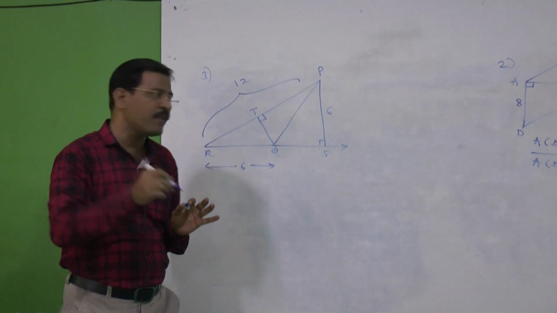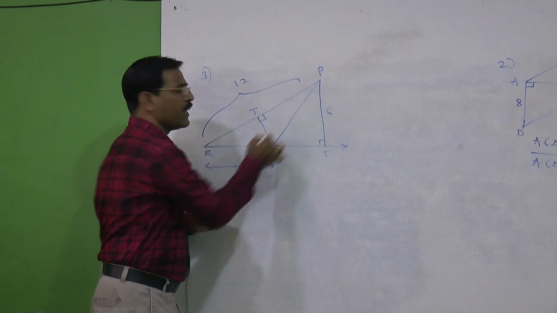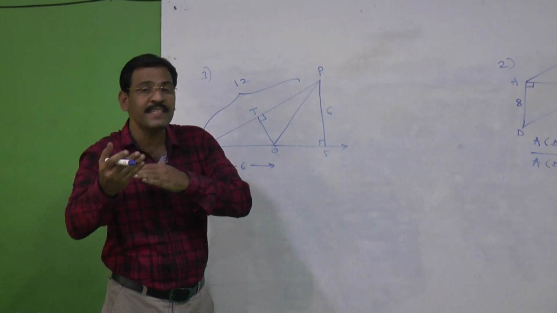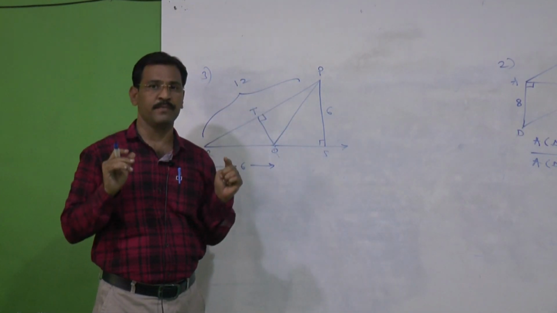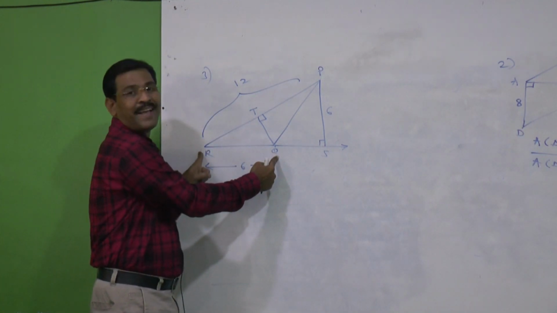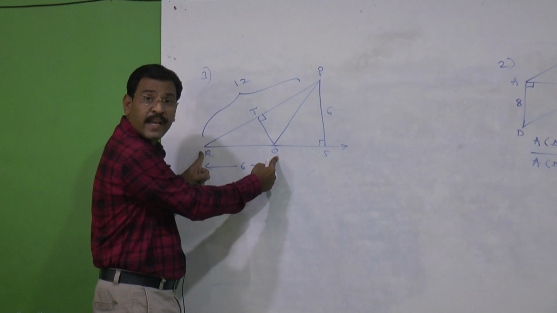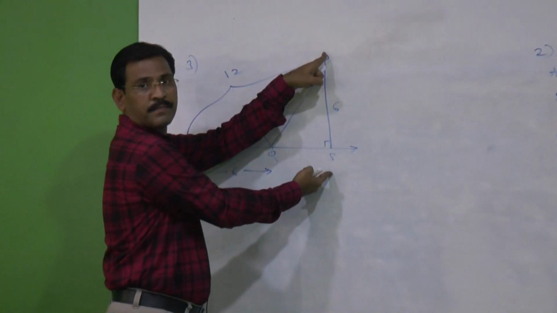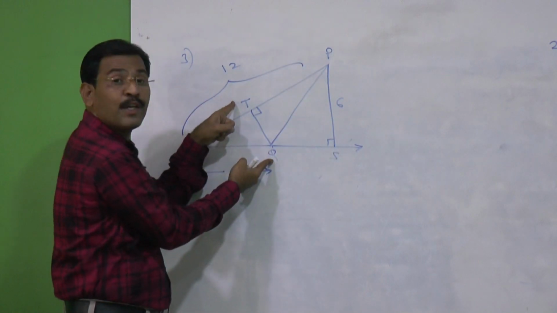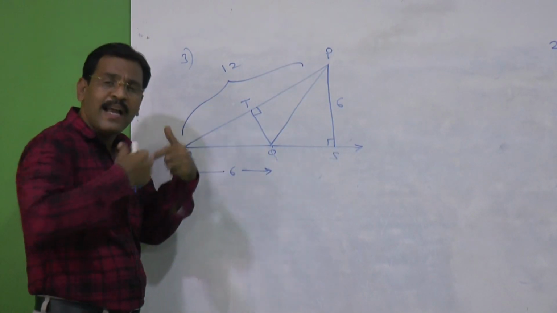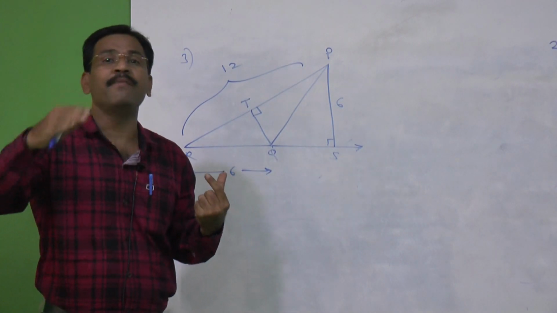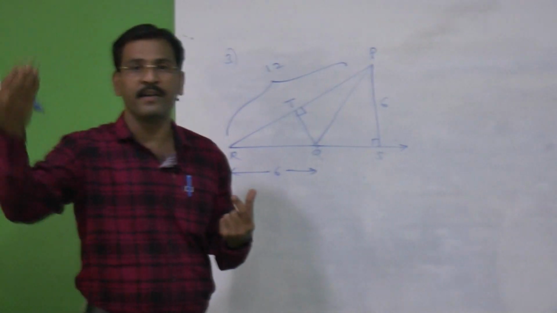If you observe here, this PQR is only one triangle, but its corresponding bases and corresponding heights are different. Suppose we take QR as the base, then we have to take the height as PS. If we take PR as the base, then we have to take QT as the height. So I apply the same triangle, but I will find its area 2 times in 2 different ways.